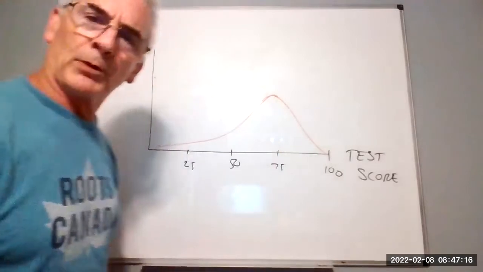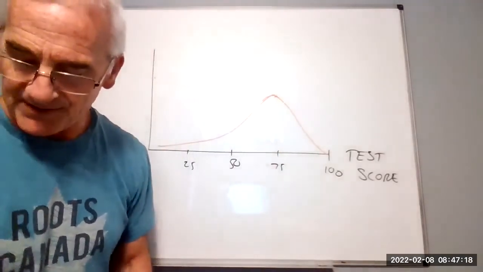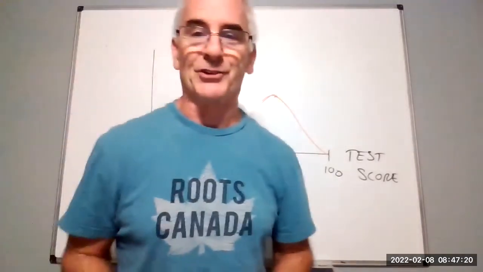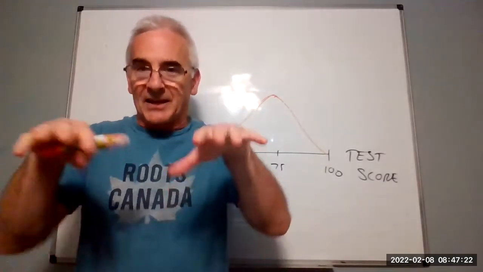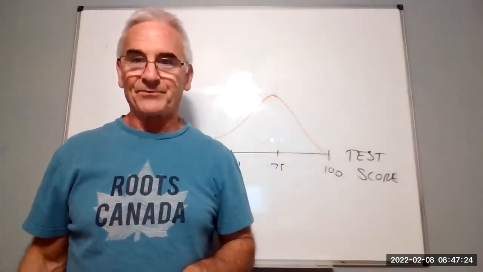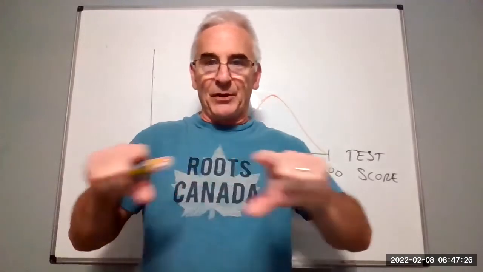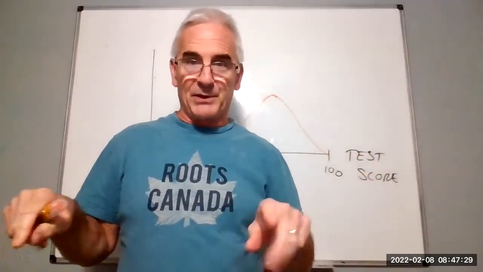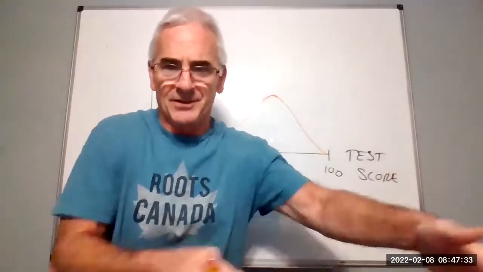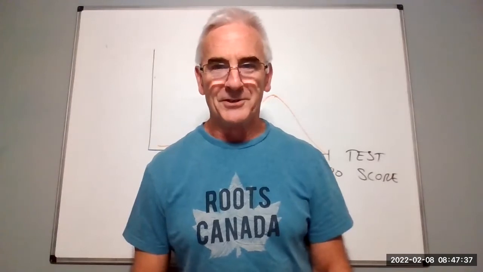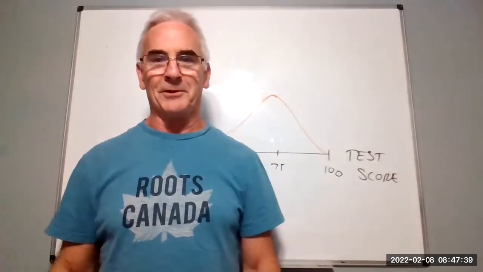I remember I had stats when I was in college, and the instructor had this great picture. It was a youth basketball team, and the coach is filling out all of his players. All of his players were in the 4 foot tall range, 4'2", 4'5", because they were kids. But then he had the one kid who grew, who's like 6'2".